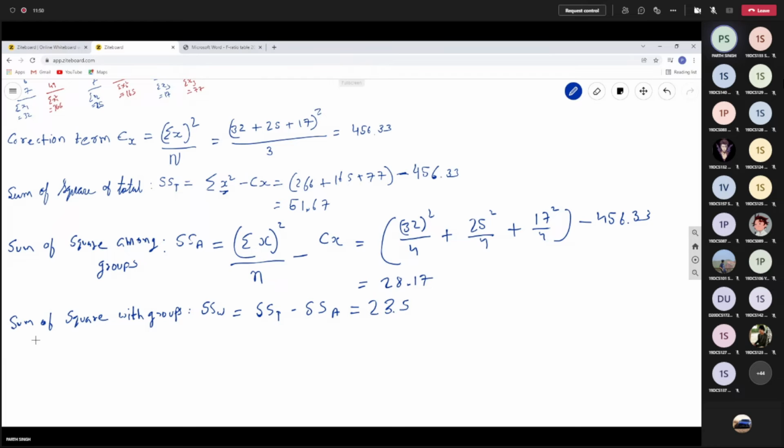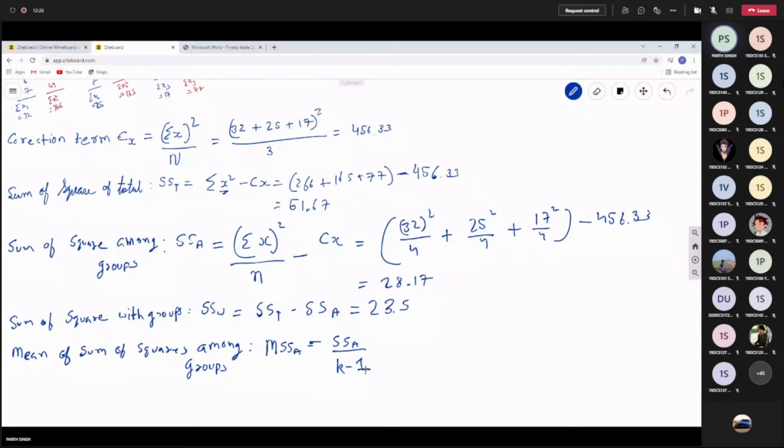Now the next term which we need to calculate is the mean of sum of squares among groups, and the symbol is MSSA, which is equal to SSA upon K minus 1.